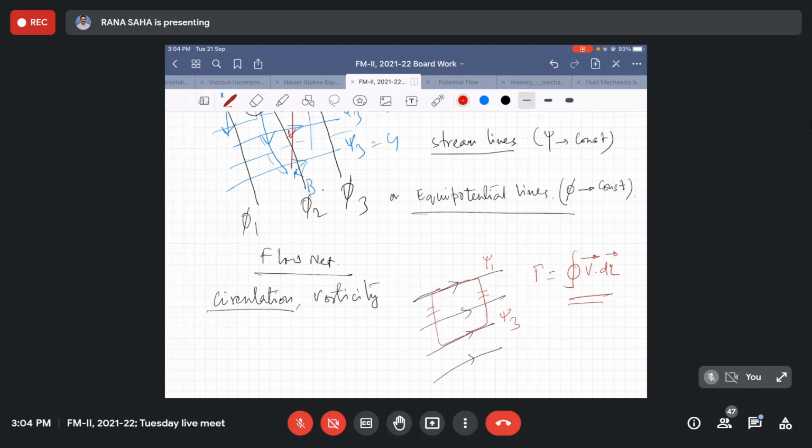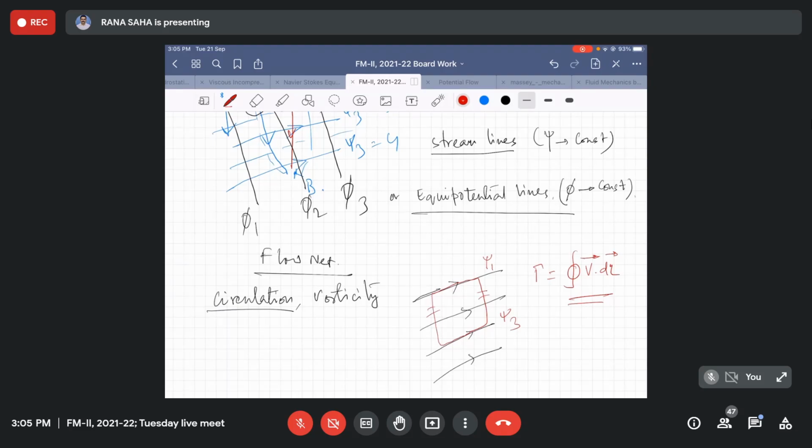So what we have seen is that for an elementary cross section of size delta x, delta y, if you do this very routine exercise by having the two velocities defined and having their gradient in the respective directions, you can get a particular form of circulation which contains two terms.